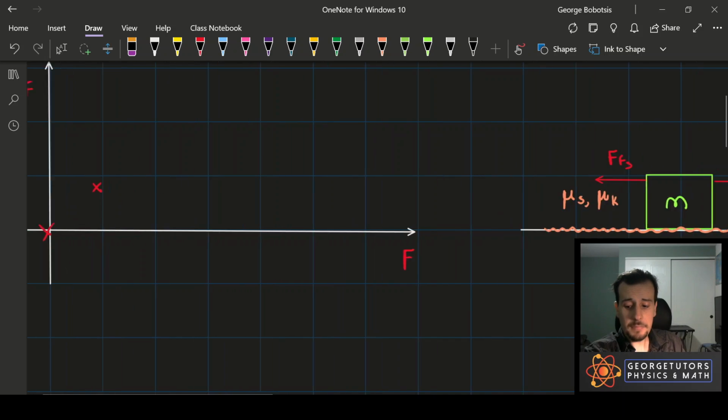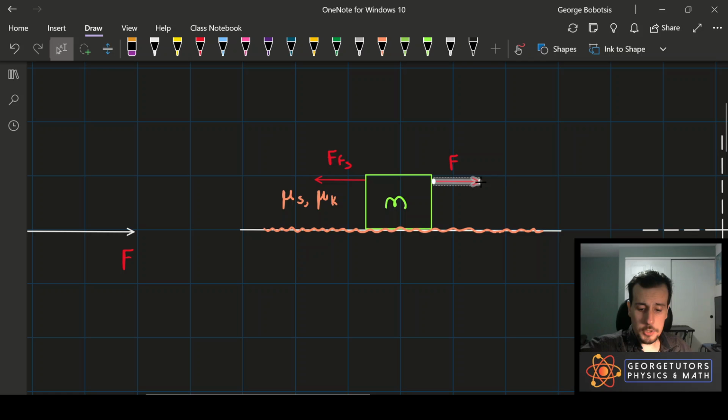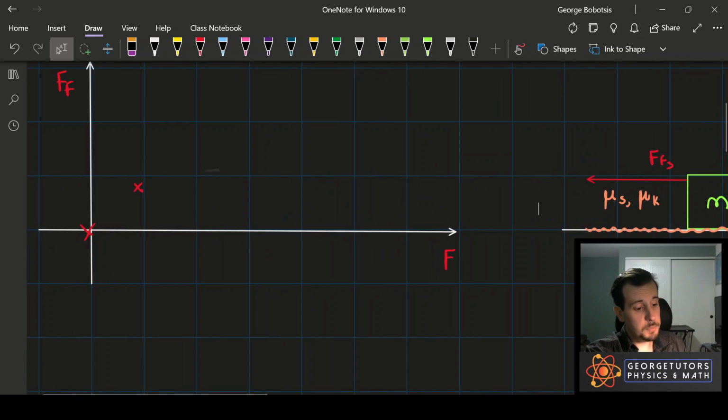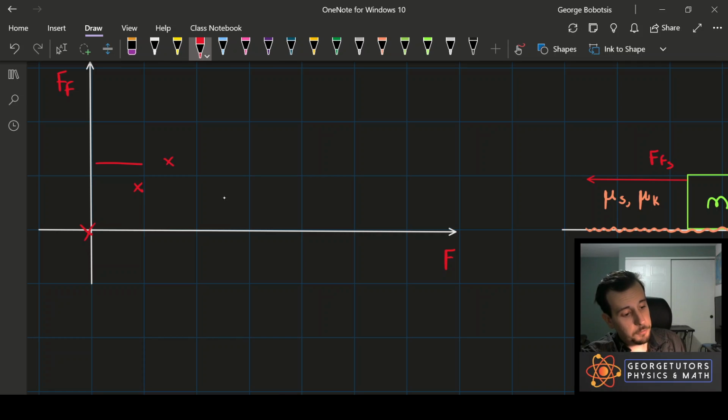Now, this would look like we're continuing along this plot in a one-to-one direction this way. And as we grow the force, this static friction keeps growing along with us. So if we plot the behavior on the plot, this just means that every time we increase the force a little bit, the static friction increases in a one-to-one fashion.